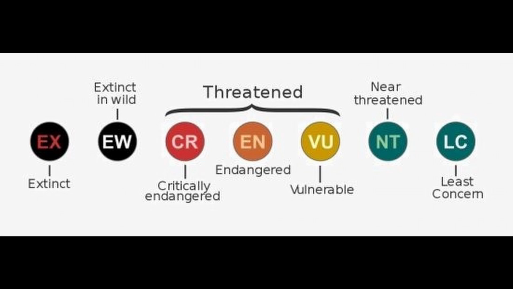Near-threatened species don't quite qualify for the aforementioned categories, but it is expected of them to be given time. There is least concern, which is the category for taxa that doesn't warrant any immediate intervention. And then there is data deficient, which is the category on species we lack adequate information on.